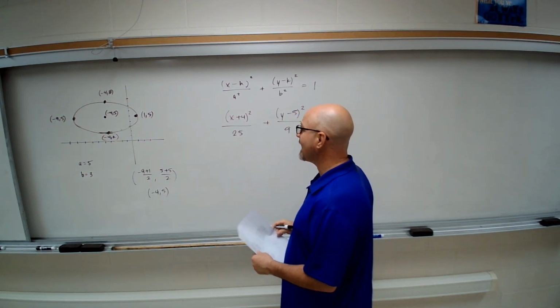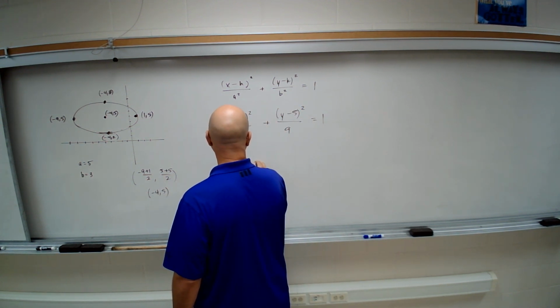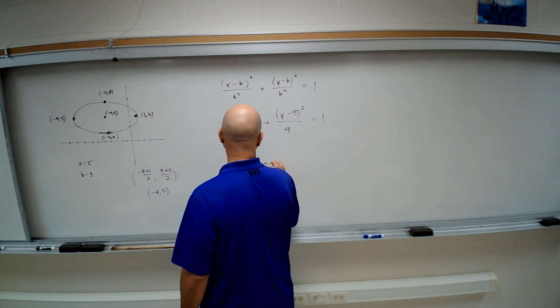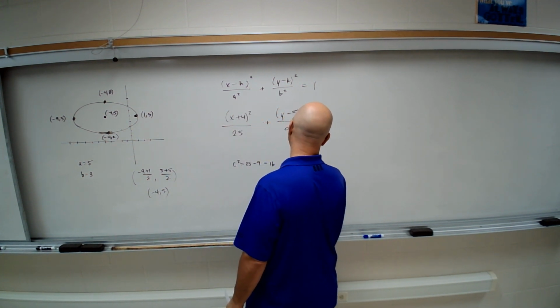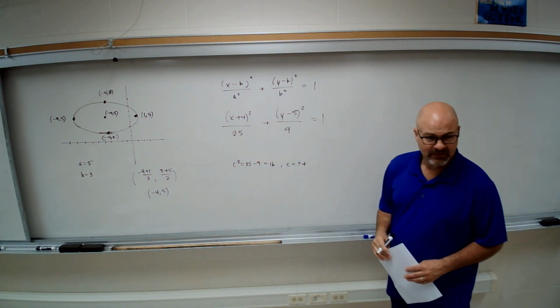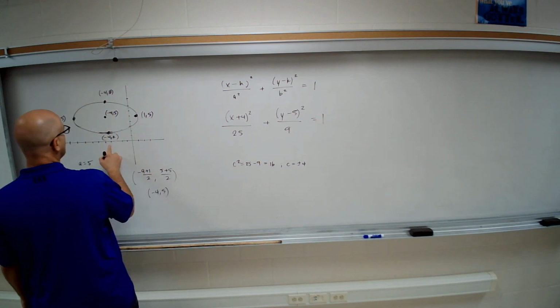For this one, if you did have to find the foci, so let's see, c squared is 25 minus 9, which is 16. So c is plus or minus 4. If we did have to find the foci, it would be 4 units to the right.